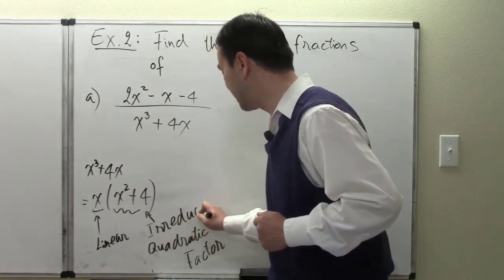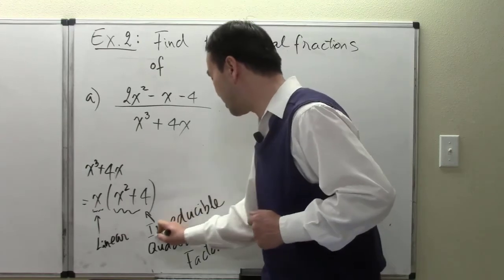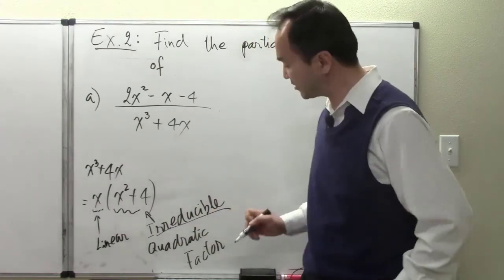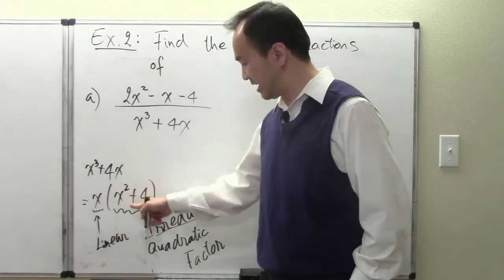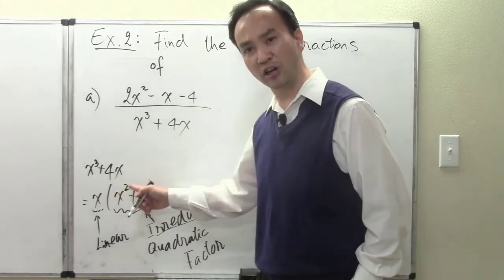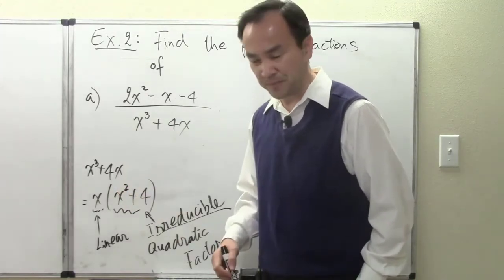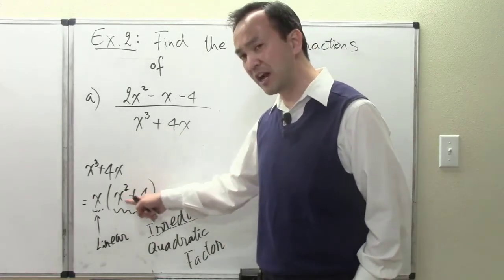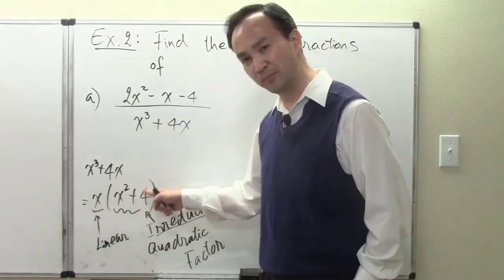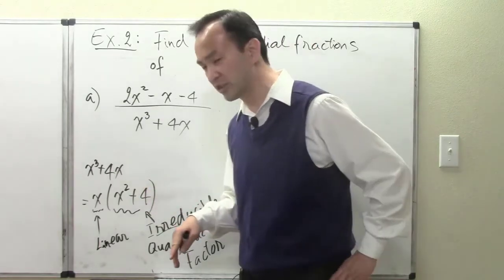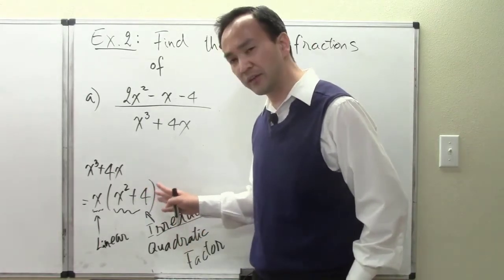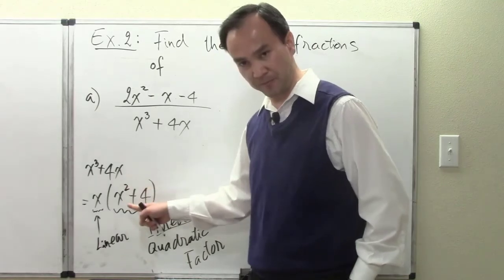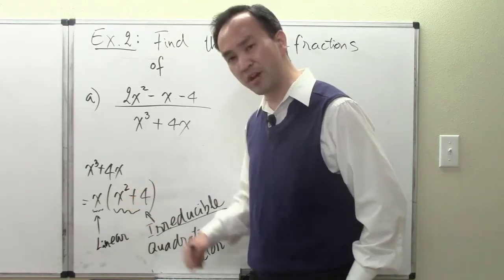So an irreducible quadratic factor means it's a quadratic that can no longer be factored any further. This quadratic x squared plus 4 is simple enough for any viewer and any student of mine viewing this video lesson to recognize immediately that we can't factor out this x squared plus 4.